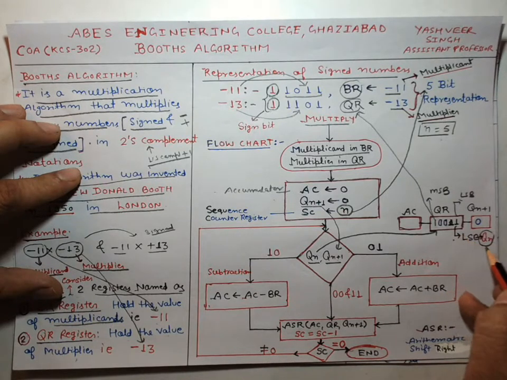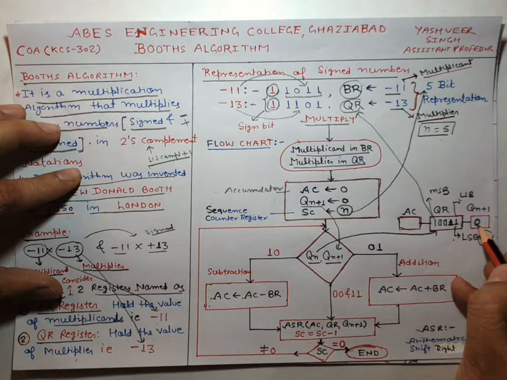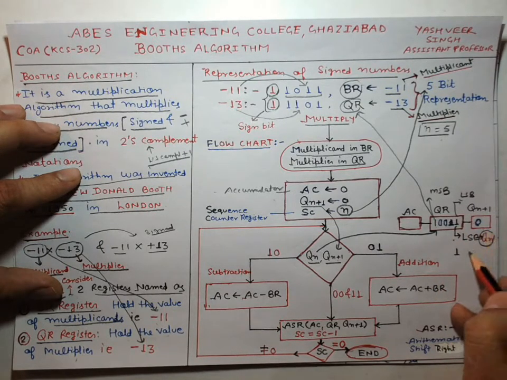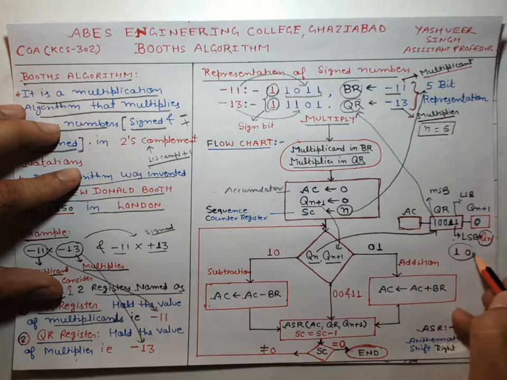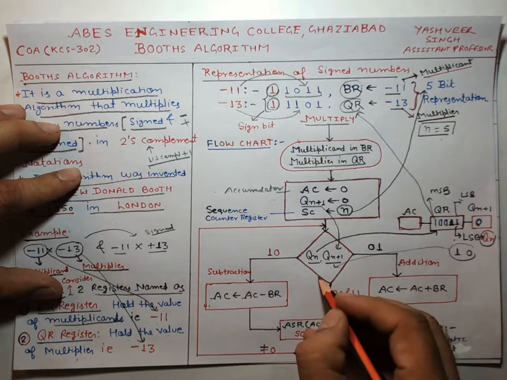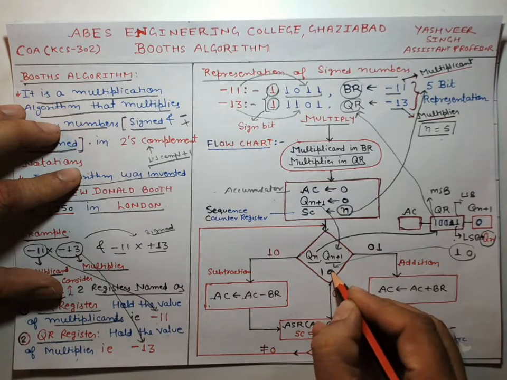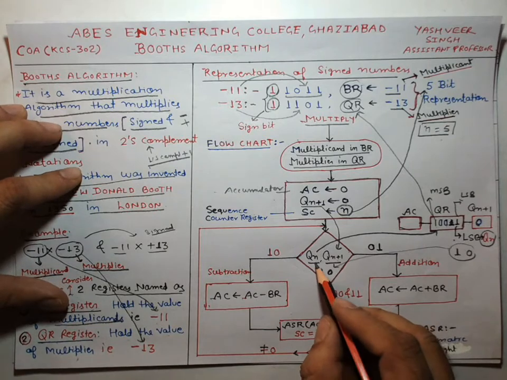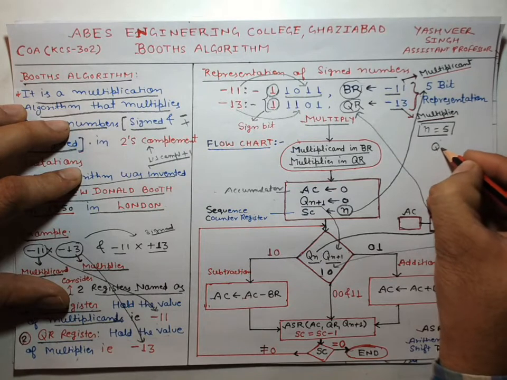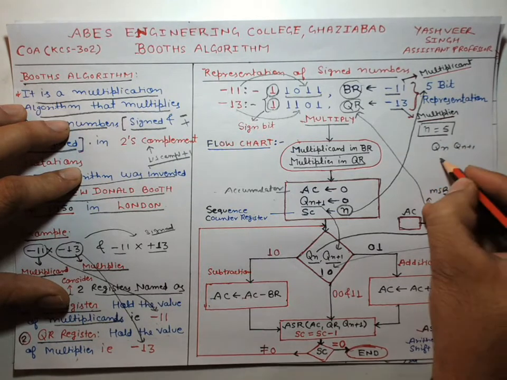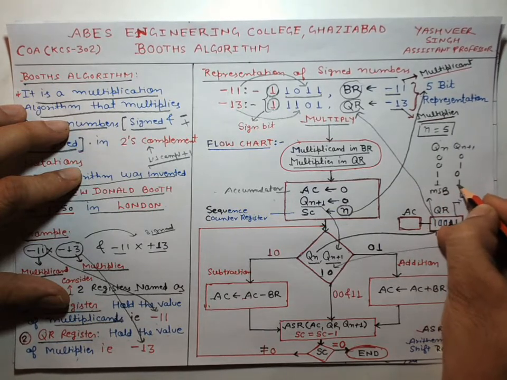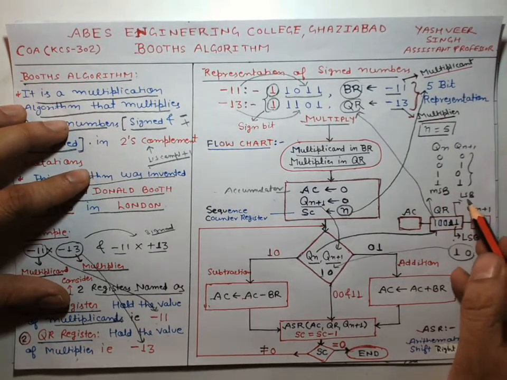If the value of Qn is 1 and Qn+1 is 0, then in this box we can put 10. These are the possible combinations of Qn Qn+1: 00, 01, 10 and 11. These are the 4 possible combinations.